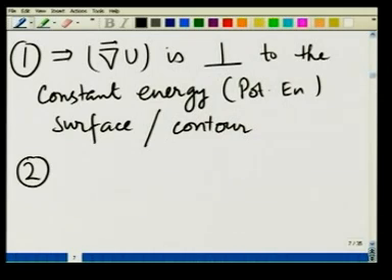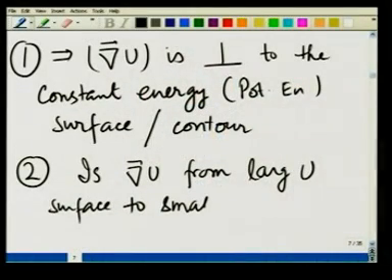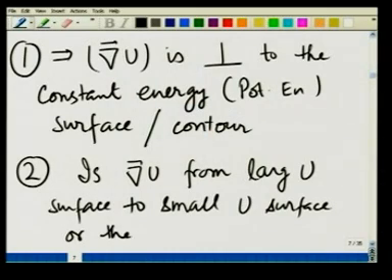Number 2, the question I ask is, is gradient of u from large u surface to small u surface, or the other way?